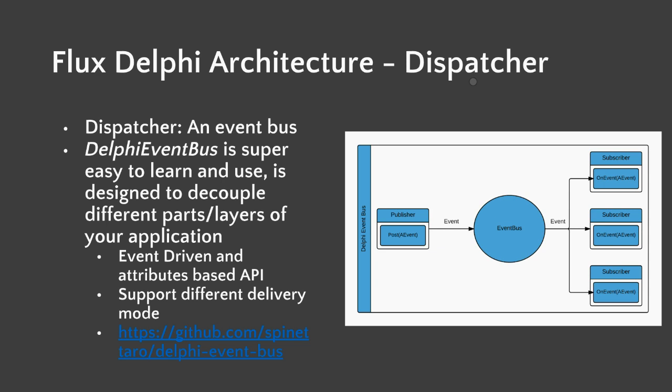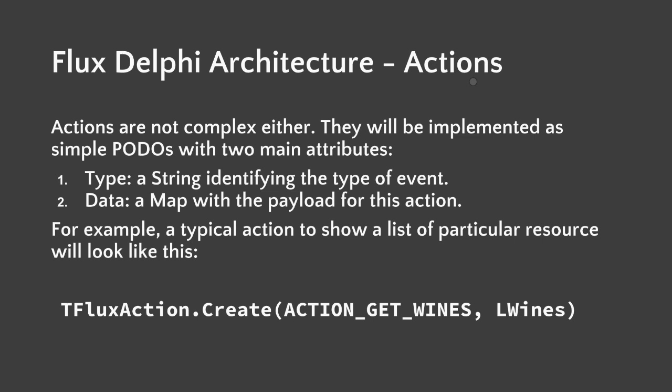Then, in the case of Flux Delphi architecture, there are the actions. Actions are not complex. They are implemented as simple Delphi objects with two main attributes: the type, which is a string that identifies the type of the event, and the data, which is the payload for this action.